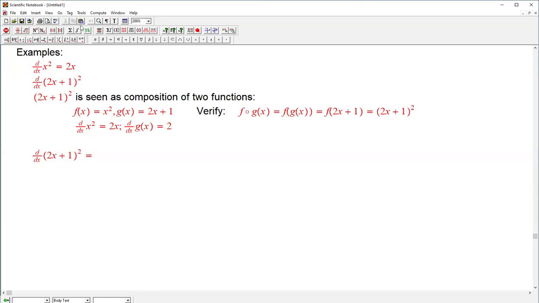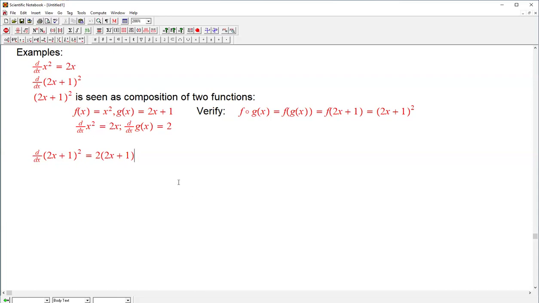You think of this as, let me just put it this way, see if you get it. The derivative of x squared is 2x. The derivative of parentheses squared is 2 times the parentheses.